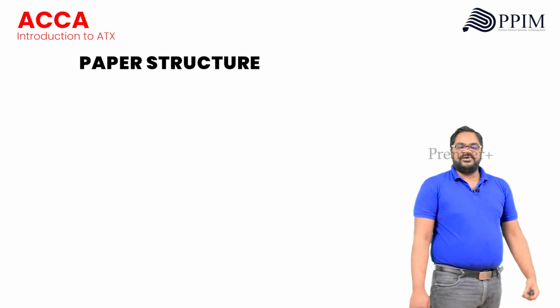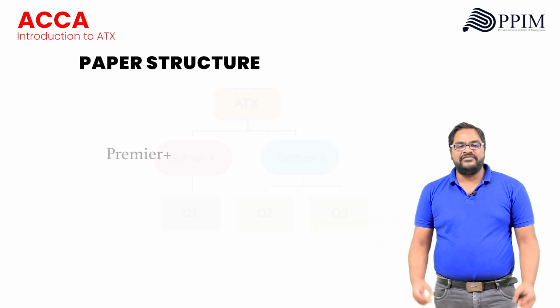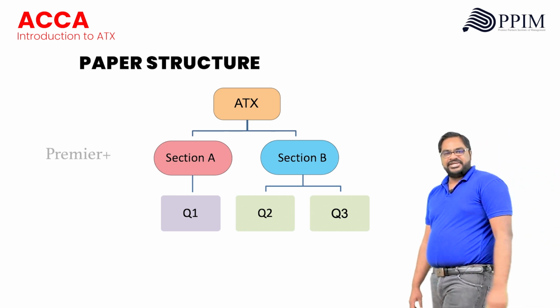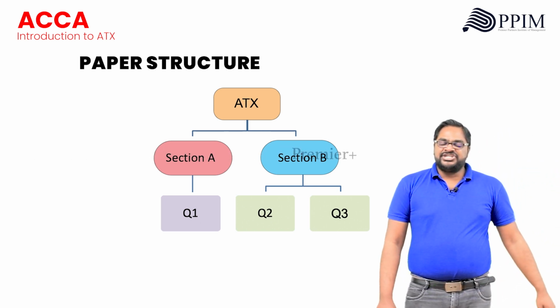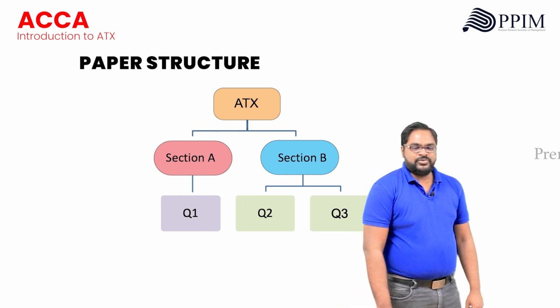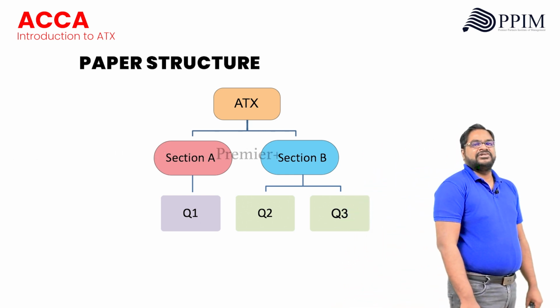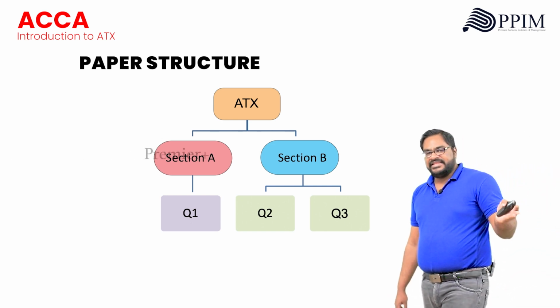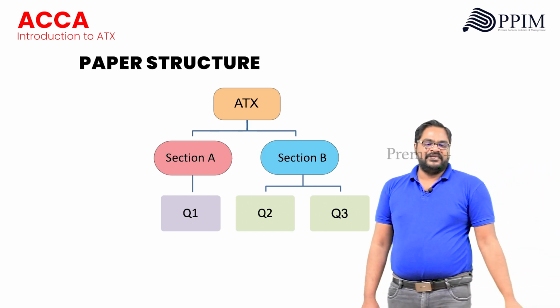Your ATX, or Advanced Taxation paper, will have two main sections, Section A and Section B. Section A will have only one question, whereas Section B will have two questions. So altogether, only 3 questions will be there in your entire paper.